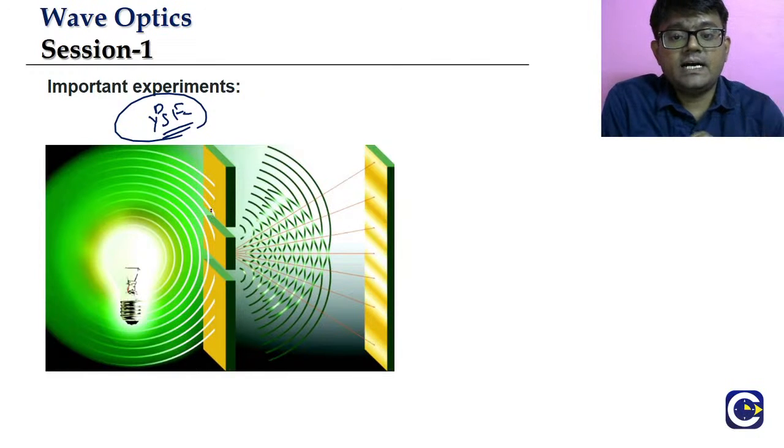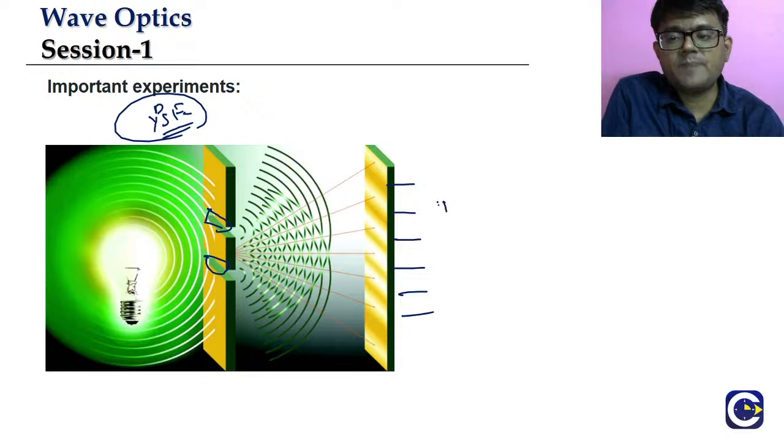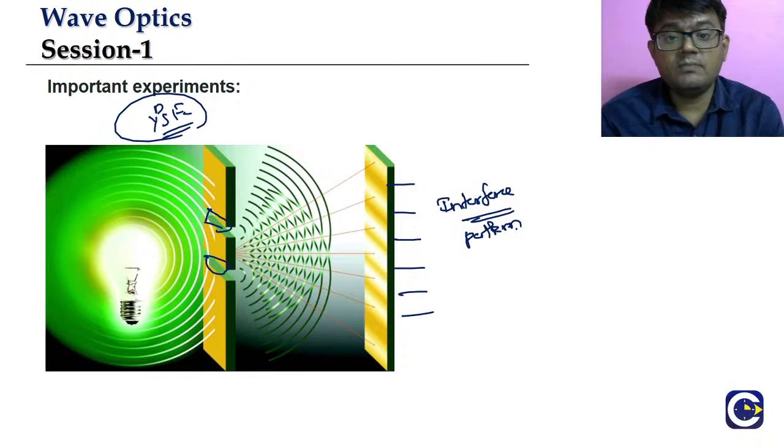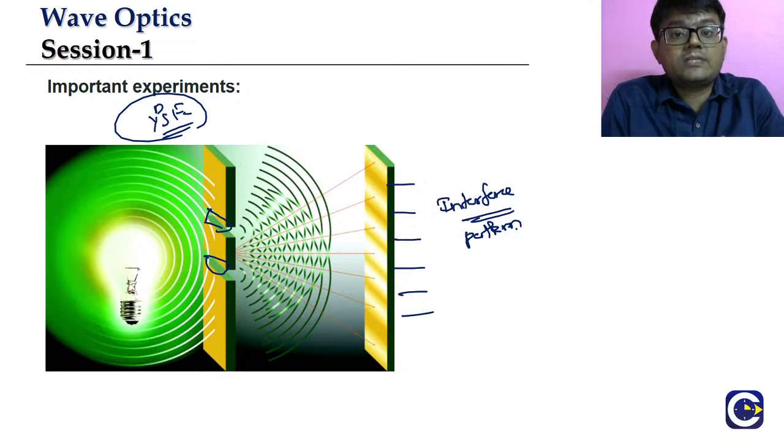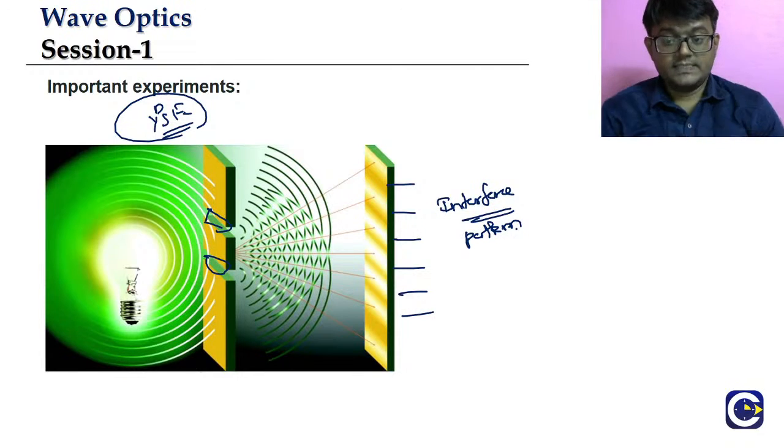By passing the light through two slits, he was able to establish the interference pattern. Because interference can only be demonstrated by a wave nature, after this experiment people had to accept that light has wave characteristics.